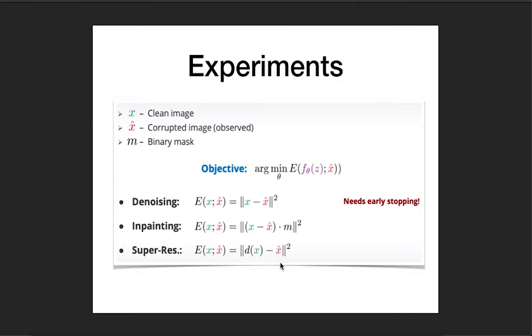I have only the low resolution image in my hand. Now I give the network a random input, and I'm basically asking it to give me such an x hat that when I downsample it, it should be the low resolution image.